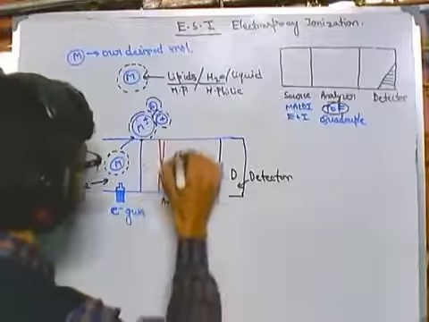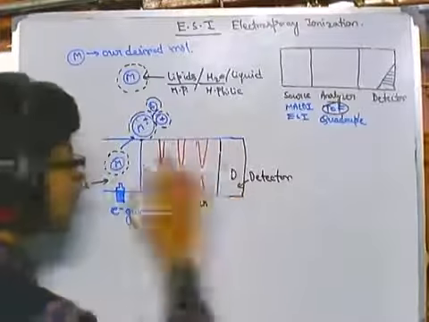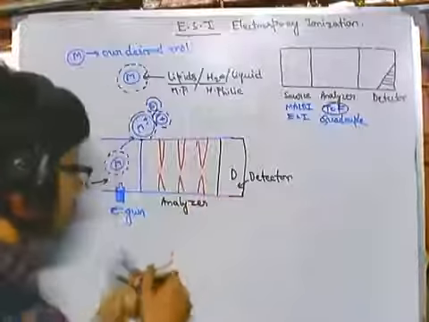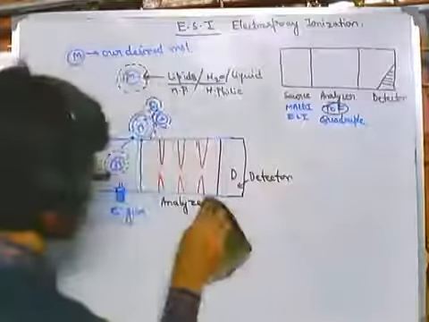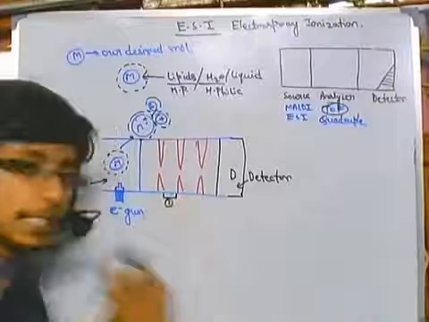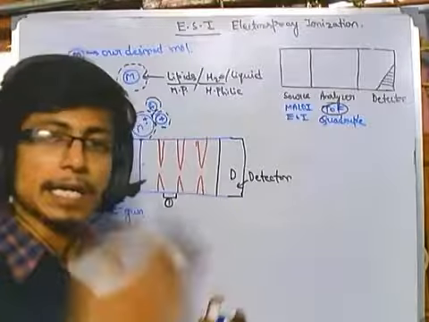Let's say this is a chamber, this is another chamber. So this kind of chambers are there, and in these different chambers there are different pressures. Suppose this is chamber number 1. In this chamber there is gas, like nitrogen gas.